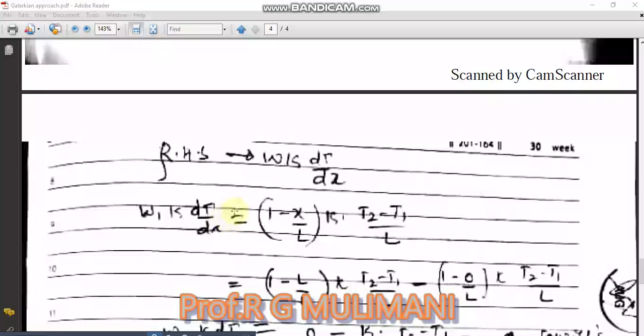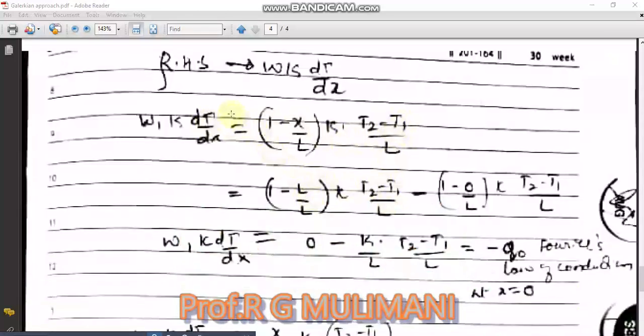the differentiation of the isoparametric representation, that is T equal to N1 T1 plus N2 T2, where N1 is 1 minus x by L and N2 is x by L. Differentiating the T value, we have (T2 minus T1) by L. Now you apply the limits. Integration is not required, as it is in the form of x.